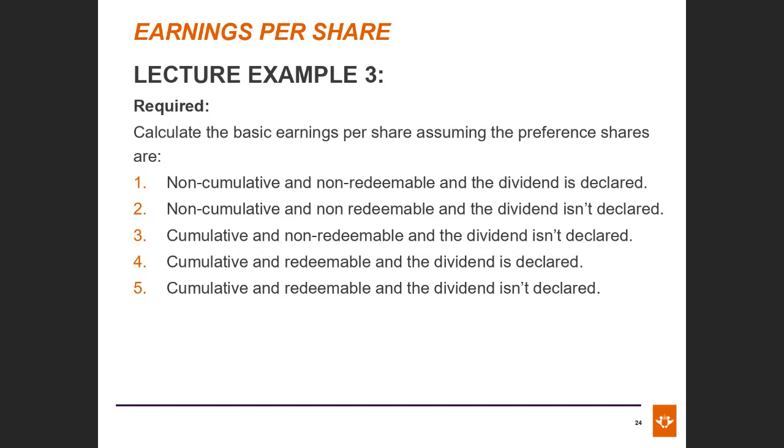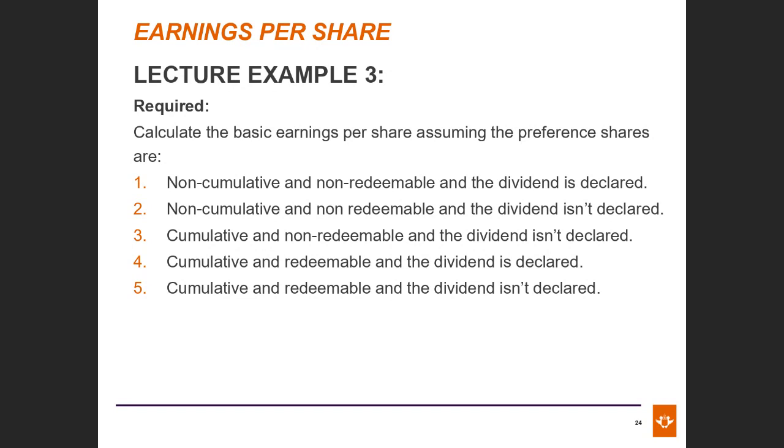Therefore, these should be treated as a liability. So the dividend should therefore be treated as interest and calculated using the effective interest rate method in calculating profit for the year, even if it is not declared. So therefore, the dividends have already been deducted in calculating the profit of 200,000 Rand.